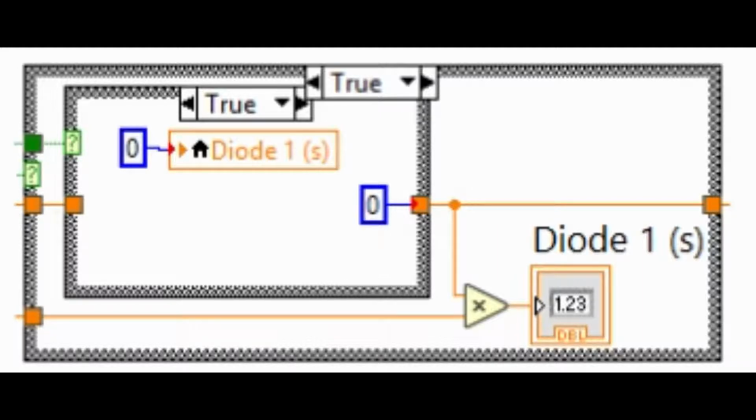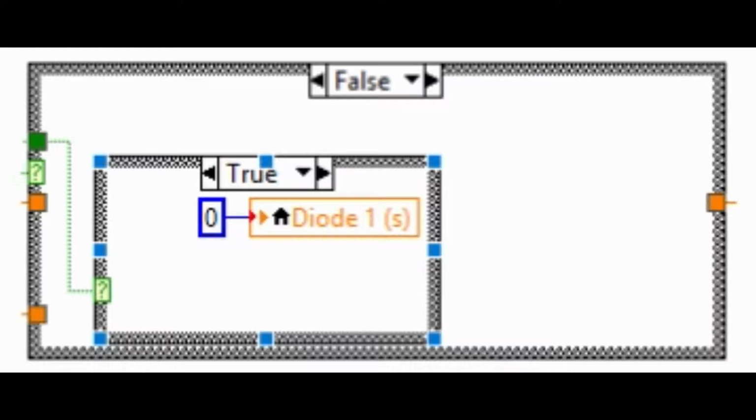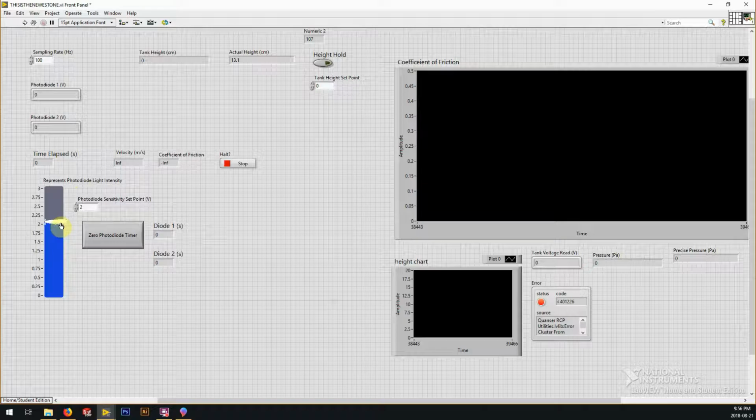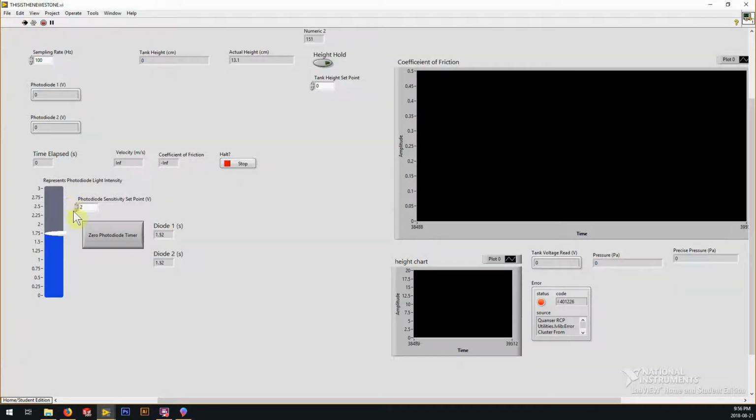Additionally, at any time a button can be pressed to zero the shift registers and the photodiode values, allowing us to effectively reset our timers. Finally, the current shift register value times the reciprocal of the sample rate will give us a timer reading in seconds. We have created 2 identical setups, one for each photodiode, to have them run individually.